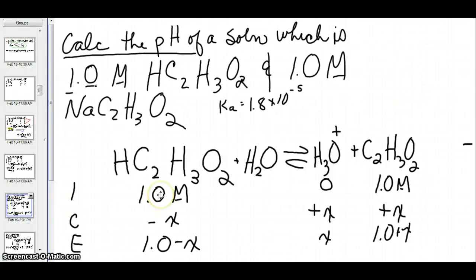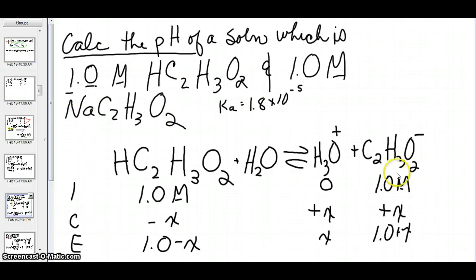So the final calculation is a situation in which you have a combination of two things in your beaker. For example, you have the weak acid, acetic acid, and you also have dumped in some sodium acetate.